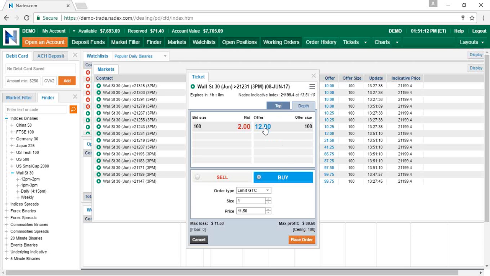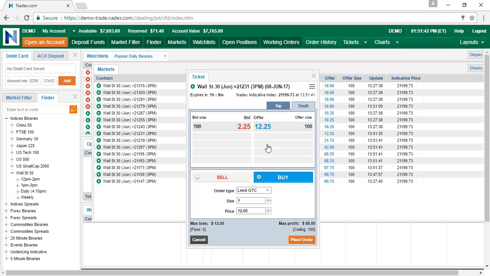I have such very little risk, but the market's got to move quite a bit, correct? So if you're a binary trader, do you automatically just go in and buy the cheapest binary you can and then expect it to be profitable? Do we do that as a binary trader?